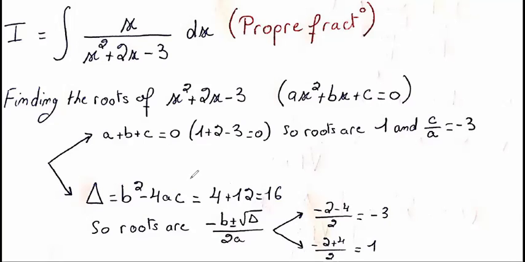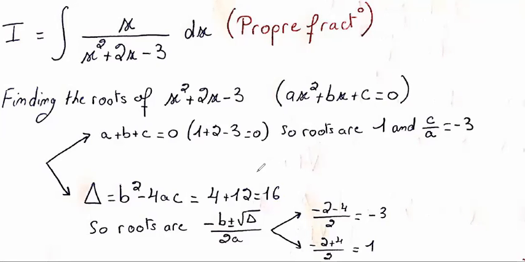Now, when we find the roots of the second degree polynomial, which is the denominator, we write it as a factor of these roots. Now, in case this denominator doesn't have any real roots, this is another video that you can watch, where we would complete the square and solve the integral in order to get tangent inverse.